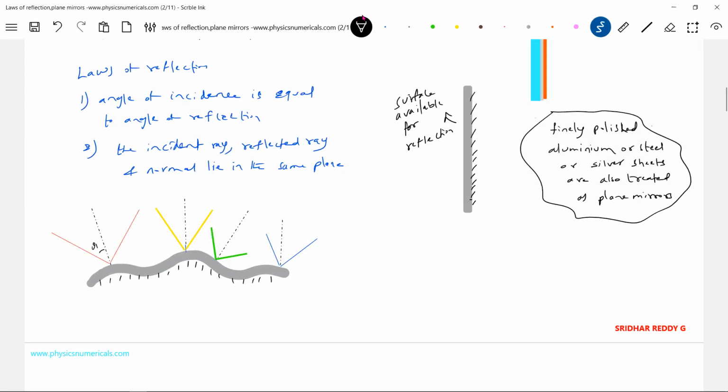This is theta 1, theta 2, alpha 1, alpha 2, phi 1, phi 2, beta 1, beta 2. Everywhere, at all points, the angle of incidence equals the angle of reflection. All these are normals.